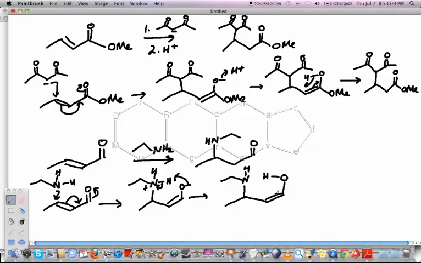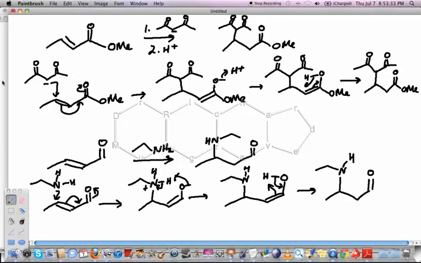Alright, so now we can form the carbonyl compound of the enol, and you see that we've pretty much got the same pattern going on here as we had for the previous one. Alright, so that would be how the amine would add to the 1,4 system.